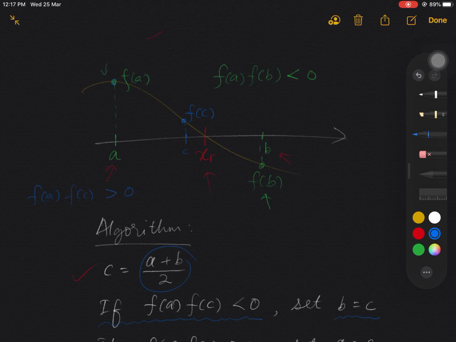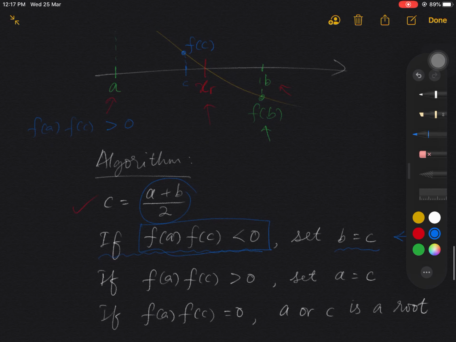So we cannot take this condition because it does not fulfill the algorithm we have just mentioned. Second case: if FA times FC is greater than 0, we set A equals C. C becomes the new boundary on the left-hand side, which is A. So this fulfills the condition of the second case.